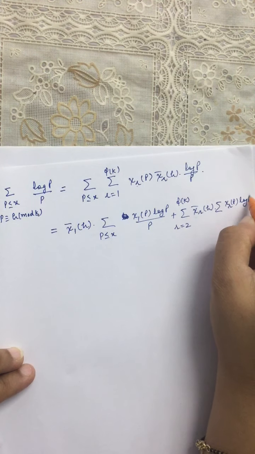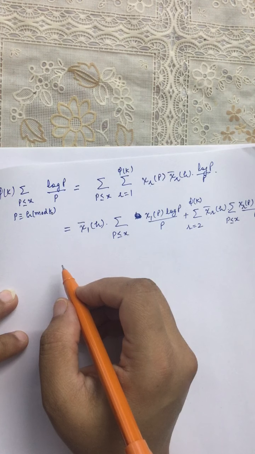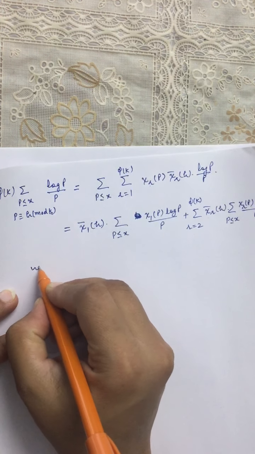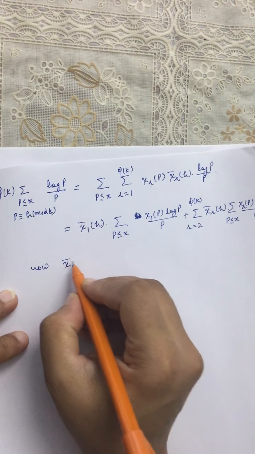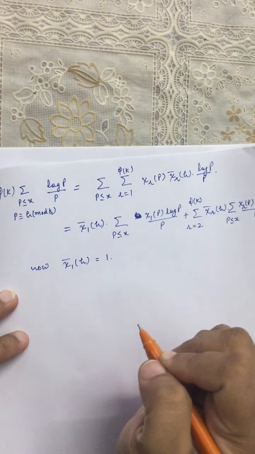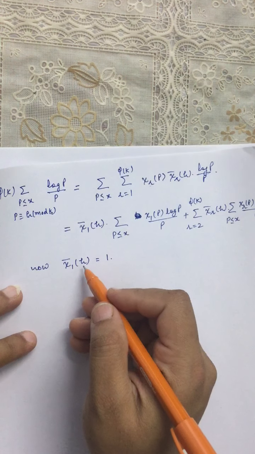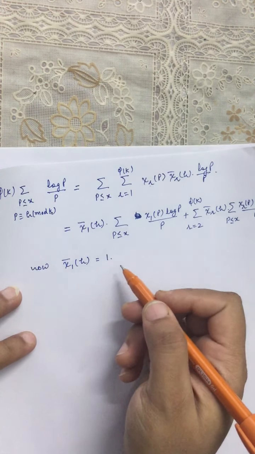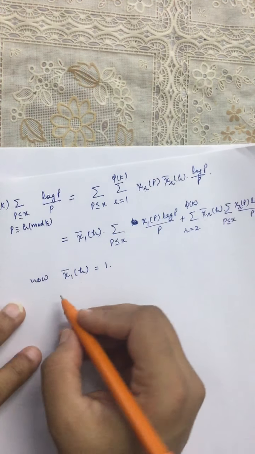Now we will put these values. Now chi1 bar at h is 1 because h is co-prime to k, and chi1 at h takes the value 1, so the conjugate is also equal to 1.